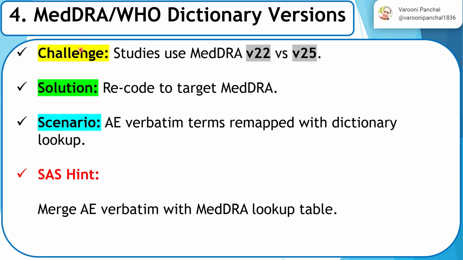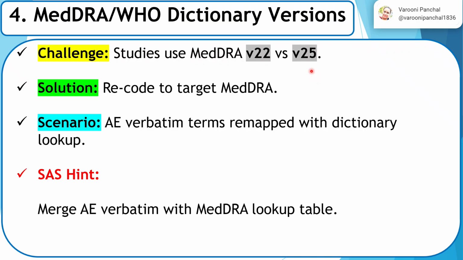Number 4 is your MedDRA and WHO dictionary versions. Now the challenge here is that some studies might use version 22, while other studies could use version 25. Remember, when you have multiple studies, say 12 integration studies, it's not necessary that all those 12 studies occurred only in the last year.